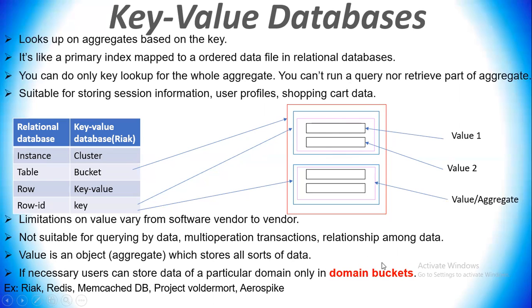But whether it allows a domain bucket or not depends on the database management system. For different key value database management systems, the implementation will vary. So based on the database management system that you have been given, you have to think what is allowed and what is not allowed.